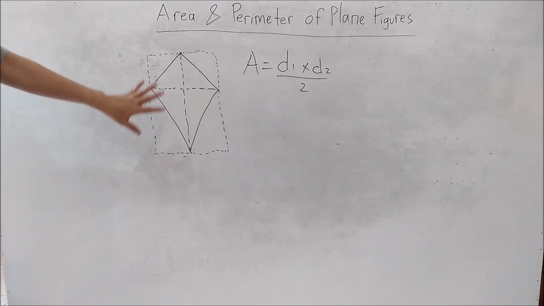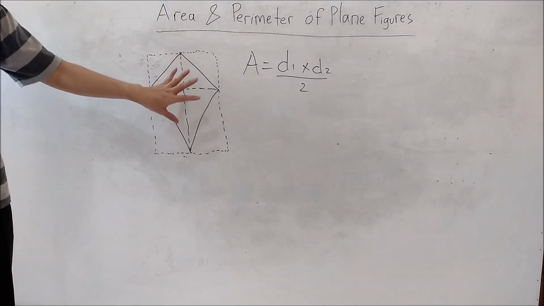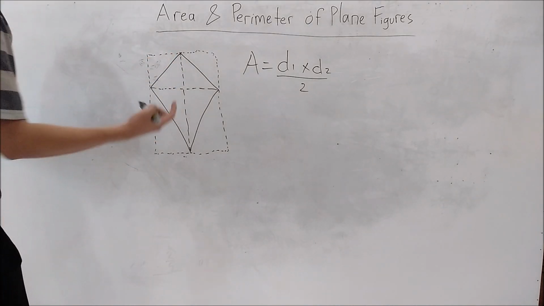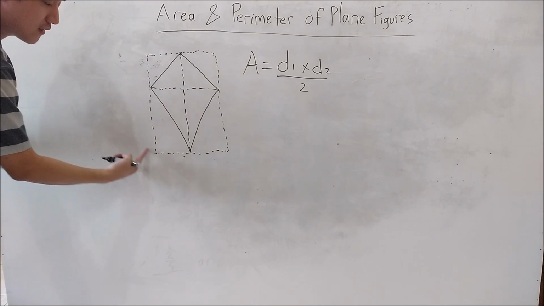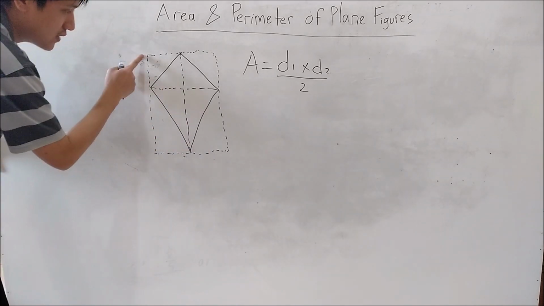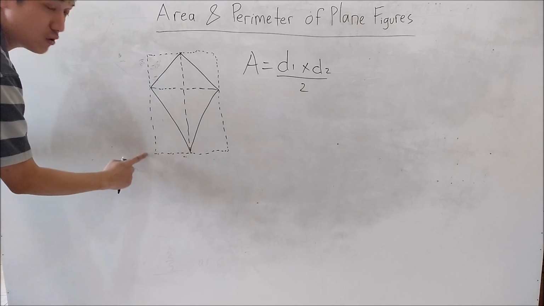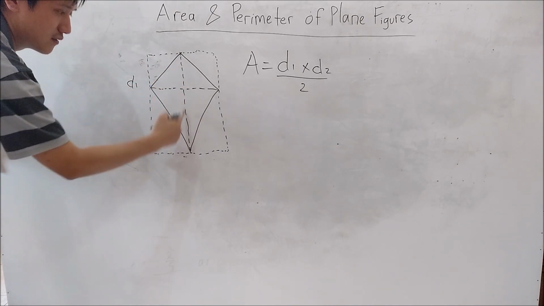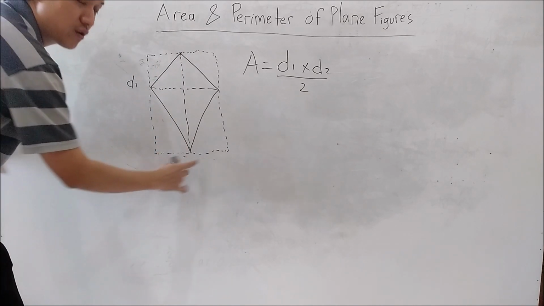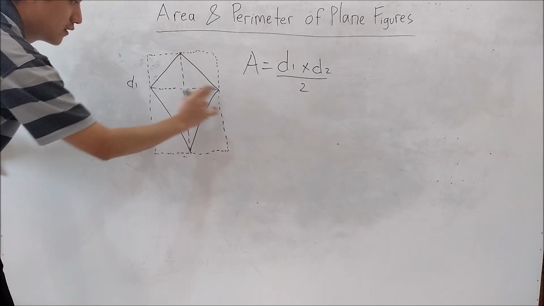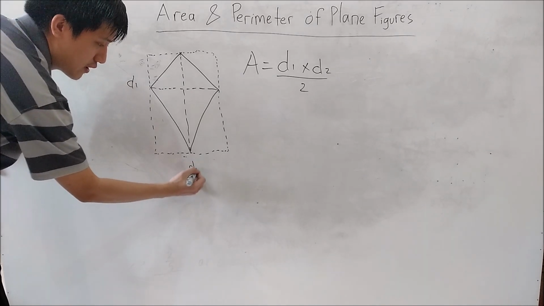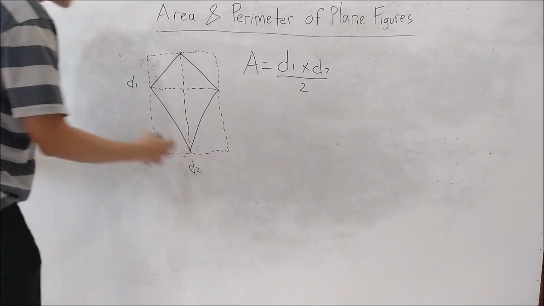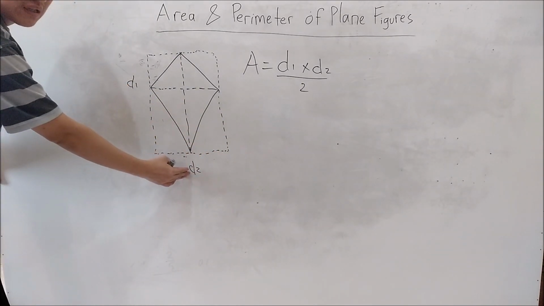When I want to count the area of a rectangle, I multiply this side with this side. The long side, we do not call it length in this case, we call it diagonal 1. And the breadth, we call it diagonal 2. If I want to count the whole rectangle, I will do diagonal 1 times diagonal 2.